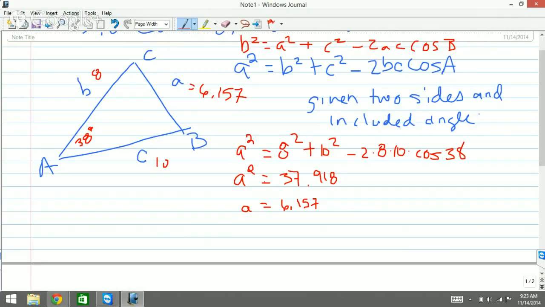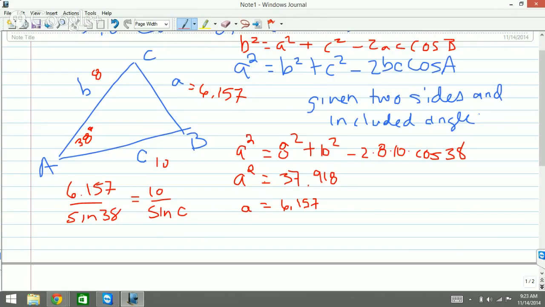6.157 over sine 38 equals 10 over sine C. So don't forget what we have learned already. You can use that here.